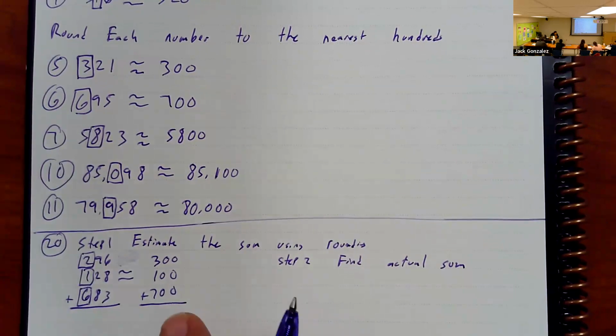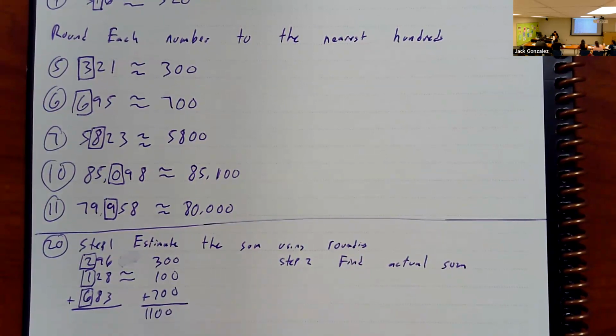This is what you guys did for the first step. You guys get 1100.